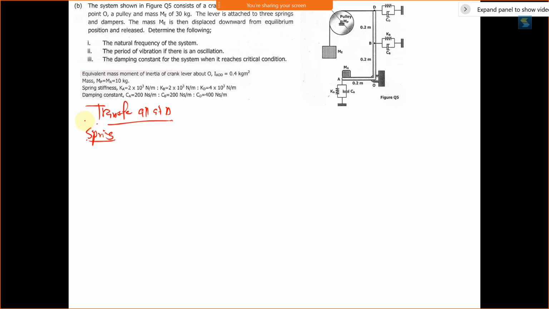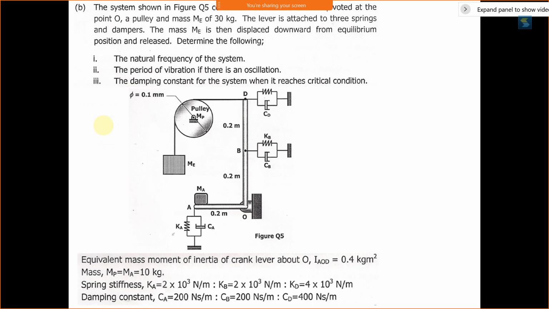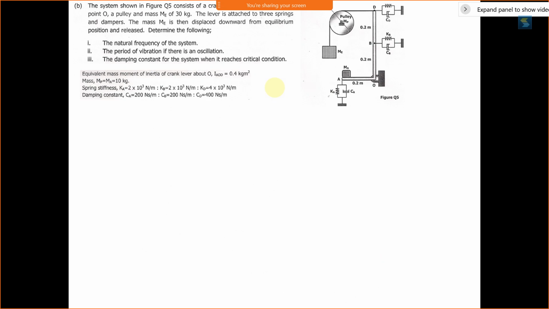So how many springs we have? So we have K equivalent 1. Okay, let's say this is K. Yang ni K berapa ni? KC, KA, KB, KD. So this is KD. So K equivalent 1, kita start dengan KD lah.